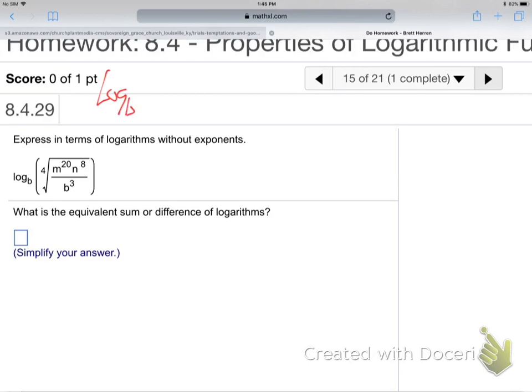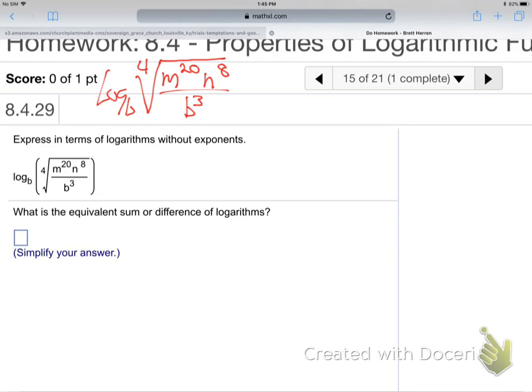Log base b, 4th root of m to the 20th, n to the 8th, over b to the 3rd. So break it into several logs. That's a tree.